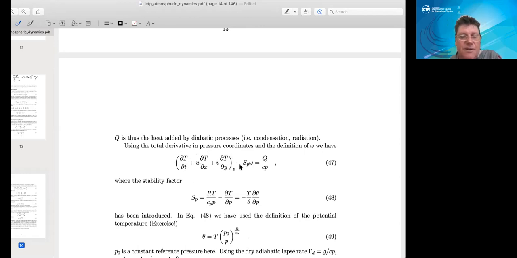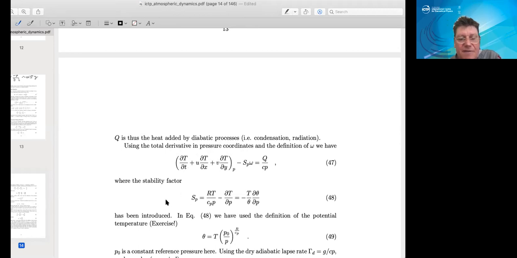minus a factor, which we will analyze now, a stability factor, times omega, is equal to Q over Cp. So we have divided by Cp.